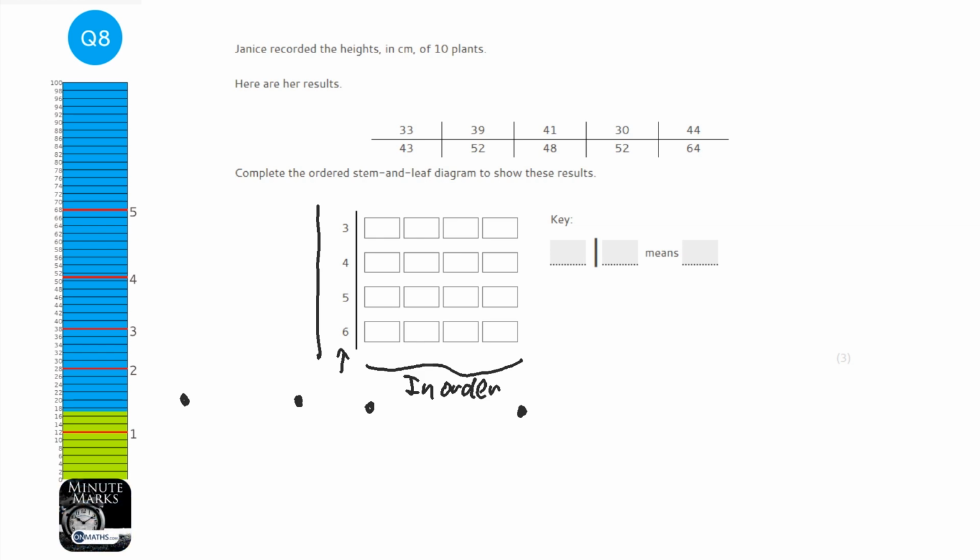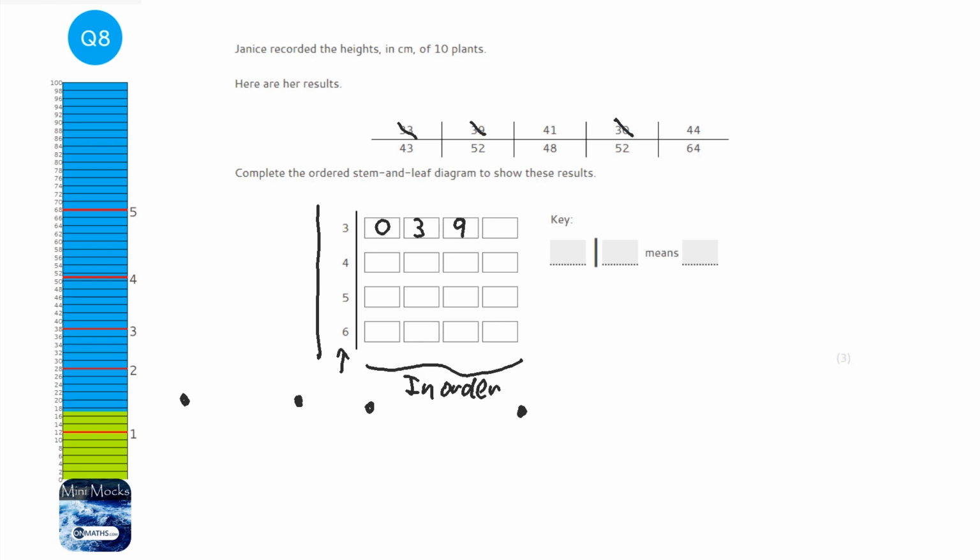Okay, so the smallest one we've got is 30, so we're going to do 30 first. Now we've got the 3 already, so we're just going to put a 0 there, and that represents 30. Then the next smallest I think is 33. So the 3 goes there. I think the next smallest is 39, so the 9 goes there.